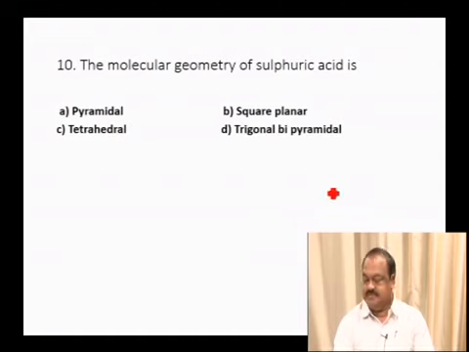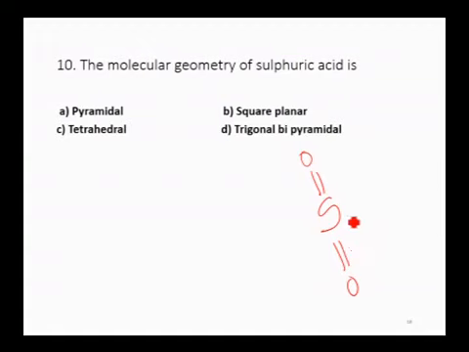That is, this sulphuric acid produces two hydrogen atoms, hence it is a dibasic acid. It has the tetrahedral structure. So, suitable answer is C.